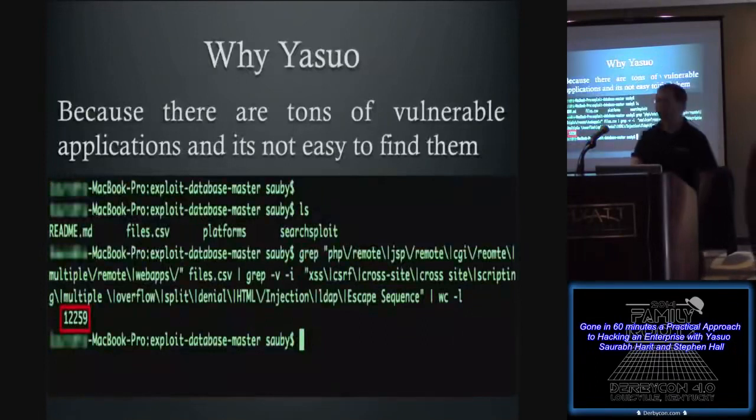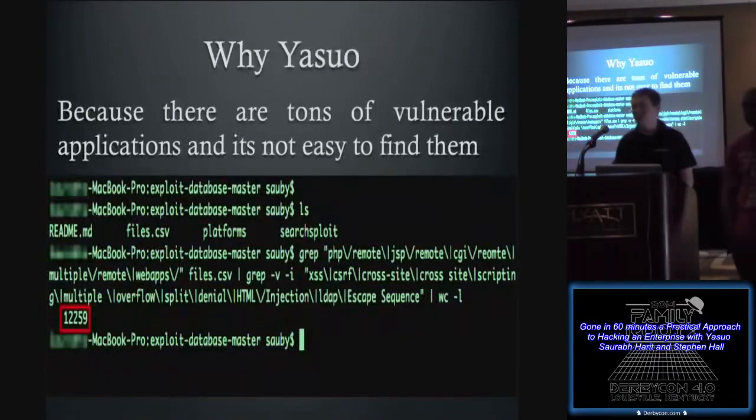Why did we write this? If you look at ExploitDB, there are about 12,000 different exploits on there for LFI, RFI, remote code execution, file upload, SQL injection, stuff that can give you shells.